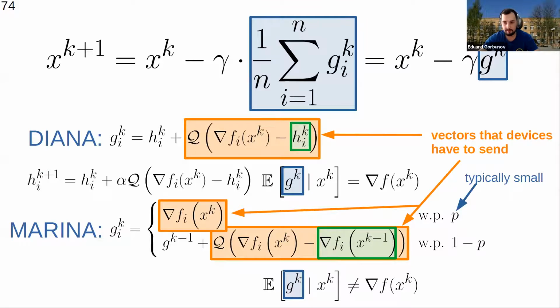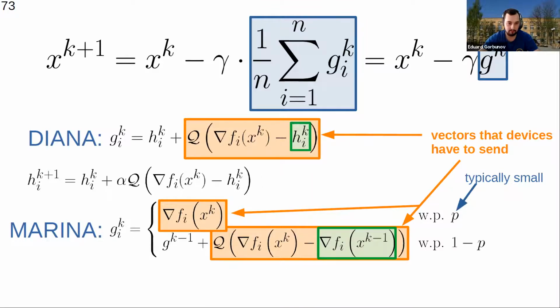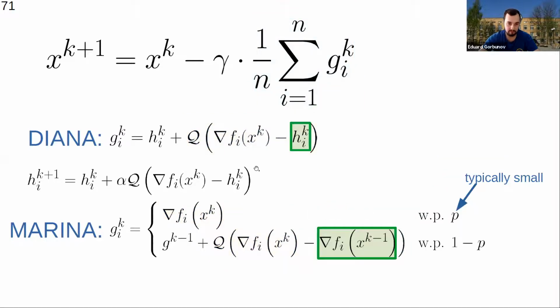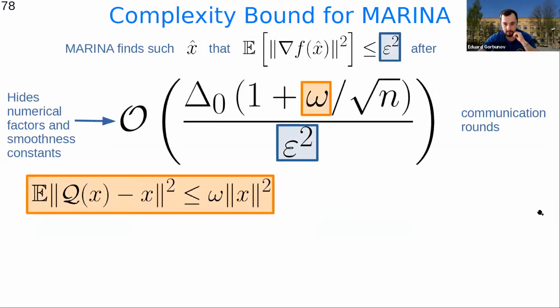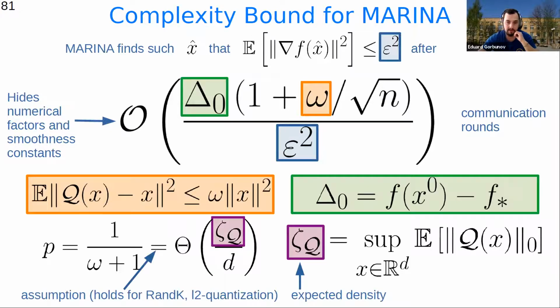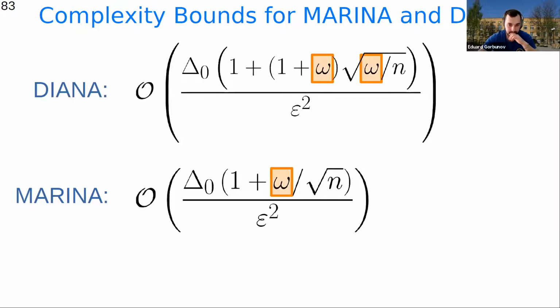I think the reason we have worse dependency is because of this update for how we choose HIK plus 1. So it seems that if you apply the same trick for Diana, it will not remove the bad dependence on omega. I didn't try to do that, but I think it will not improve this bound. Okay, thank you for the question.